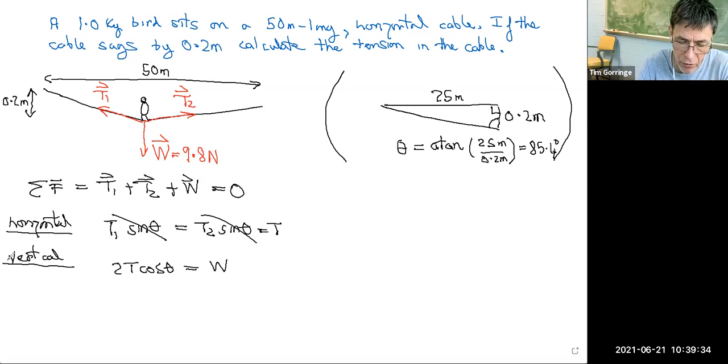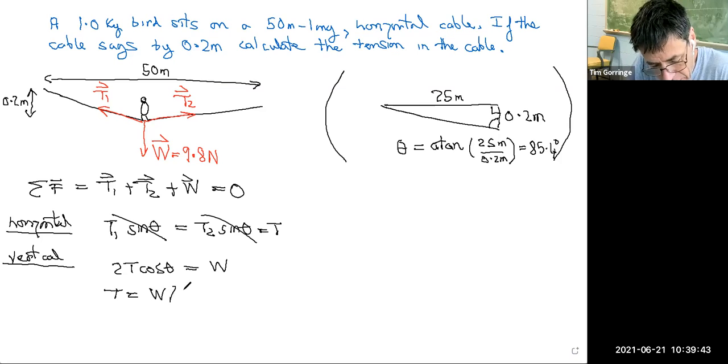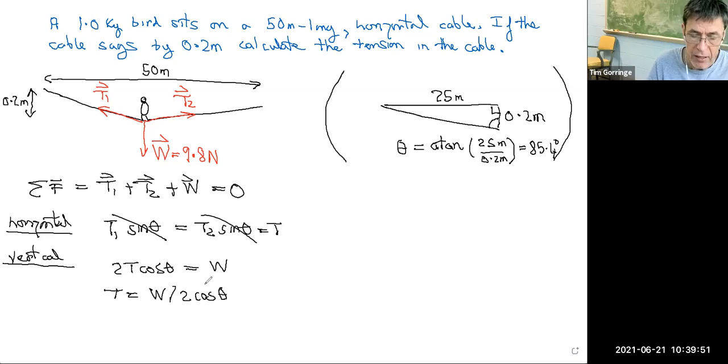And if you look at this equation, we're interested in the tension in the cable. Well, we can turn this equation around for the tension in the cable in terms of the weight of the bird and the angle of the cable, which was a reflection of the sag of the cable. And so the tension T is just the weight of the bird divided by 2 times cosine of 85 degrees.